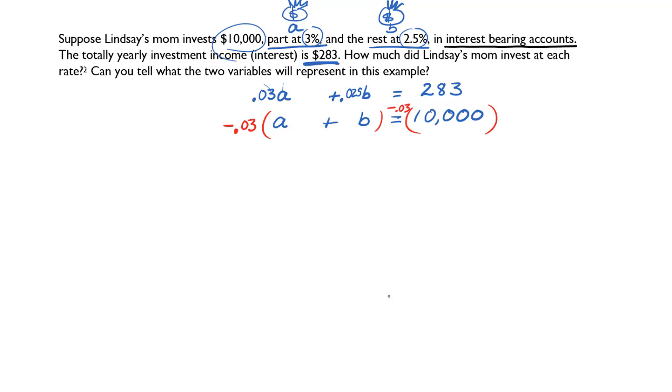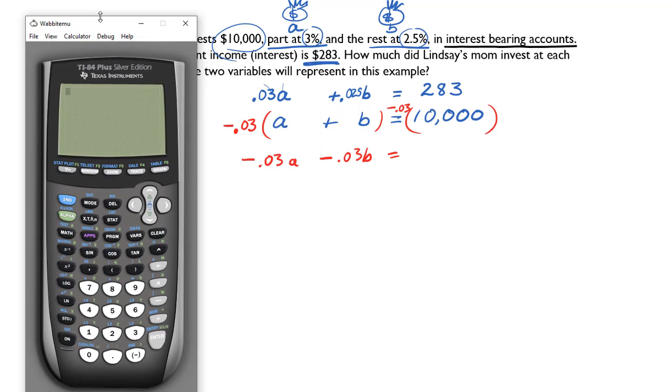And this is where a calculator will come in handy. I'll have negative 0.03a minus 0.03b is equal to, and now we need to multiply this. Remember, your shifting of decimals can be helpful. But we have 10,000 times 0.03.